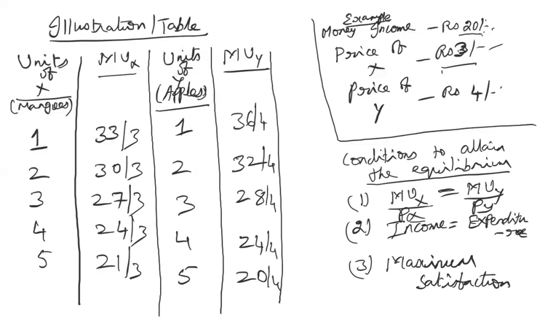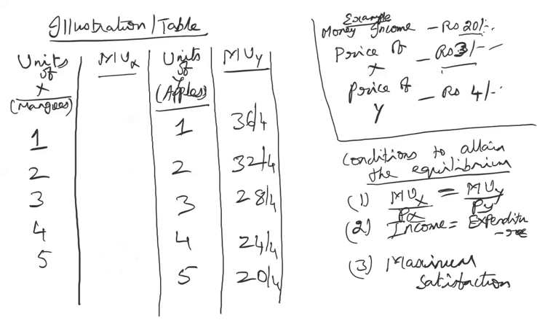Now, if we divide, what are we getting? 33 divided by 3, we are getting 11. 30 divided by 3, 10. 27 divided by 3, 9. Then 8 and 7.